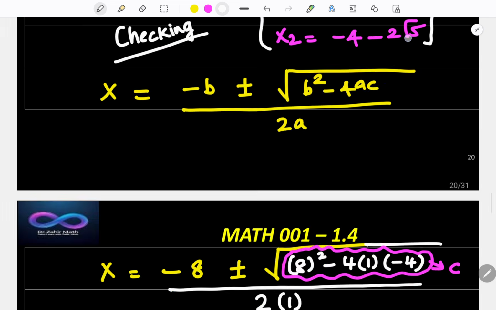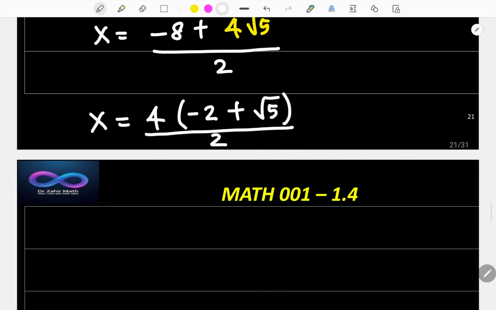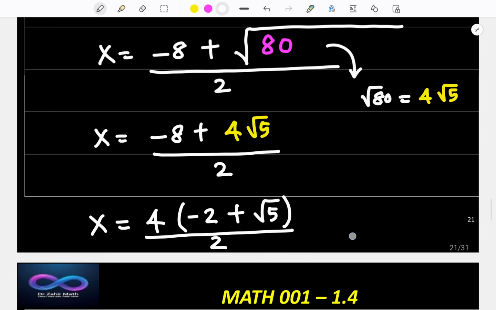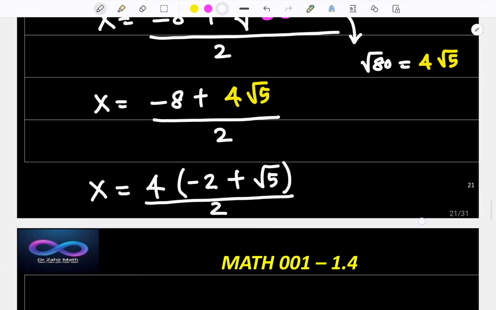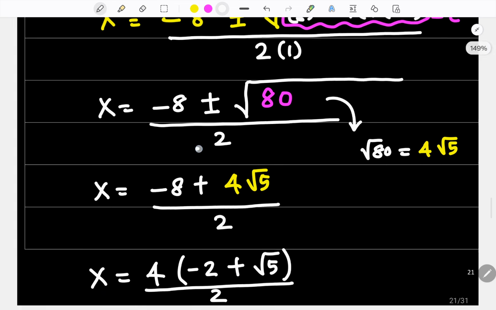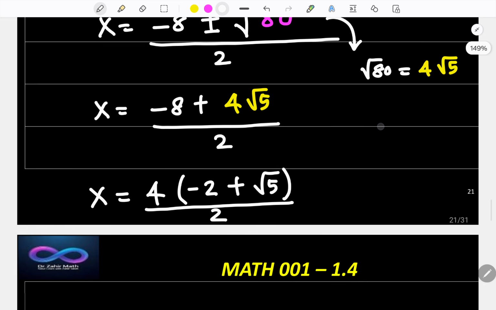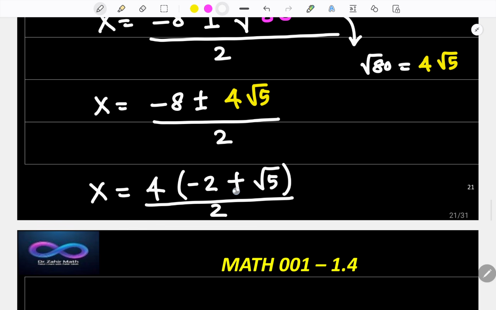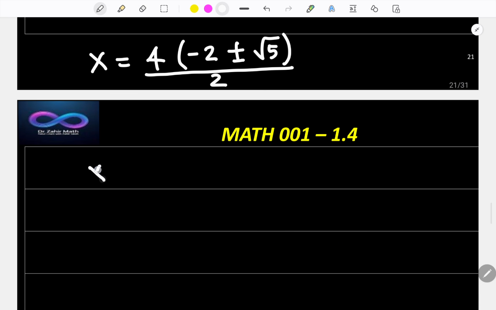I forgot one thing, which is plus or minus, sorry, the tab is moving. Plus or minus. Okay, so x equals, this 4 gets cancelled with this 2, which is 2 times negative 2 plus or minus square root of 5.